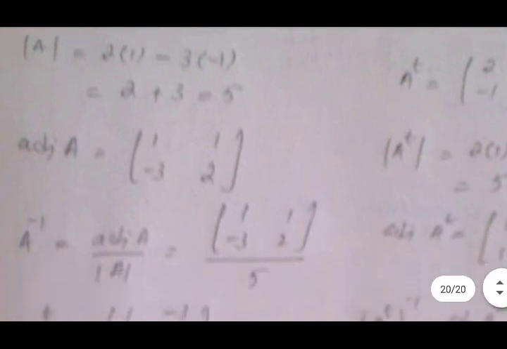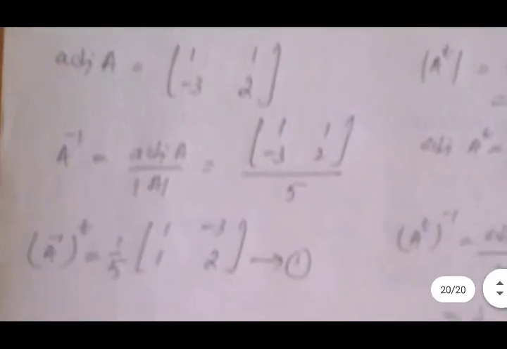Now in this question we verify (A inverse) transpose is equal to (A transpose) inverse. First we find determinant of A, adjoint of A and then its inverse, and then we find its transpose, and on the next side we find A transpose, its determinant, adjoint, and both values are same.